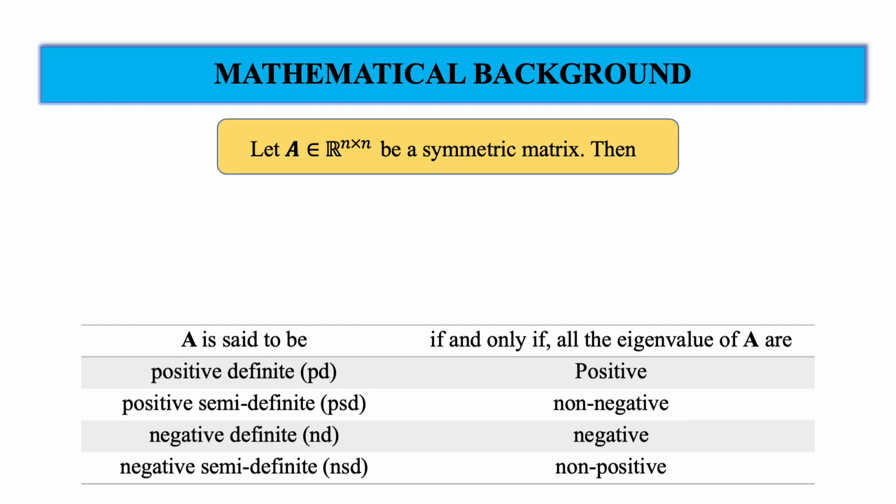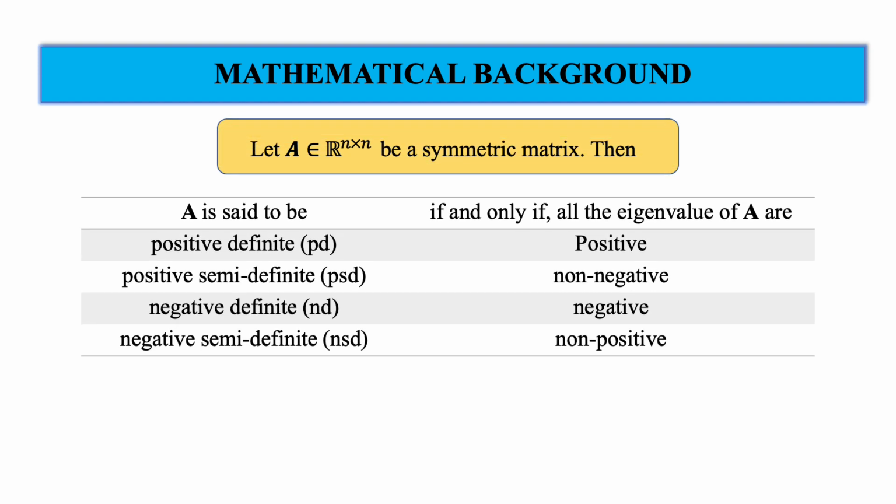So this is the same result that we have written earlier: to be positive definite, x transpose Ax greater than 0 can be equivalently written as A having positive eigenvalues. If and only if all the eigenvalues of A are positive, then A is said to be positive definite. Similarly, one can write other results in terms of eigenvalues of A.